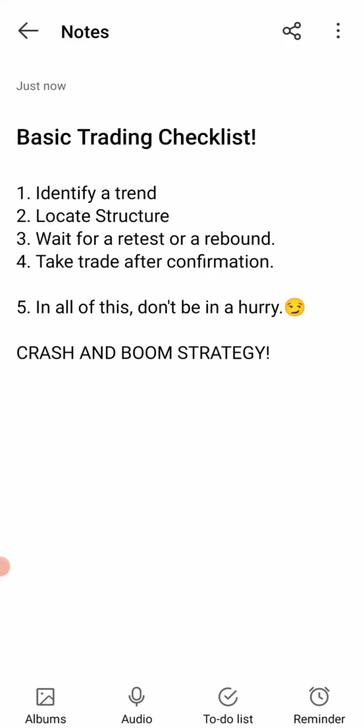Number two, locate structure. You don't locate the structure in the higher time frame where you're finding the trend. You're locating structure within the closest interface of the current price. I'll show you what I mean when I get to the chart. That's to say that you can come to 15 minutes after you've determined the overall flow.